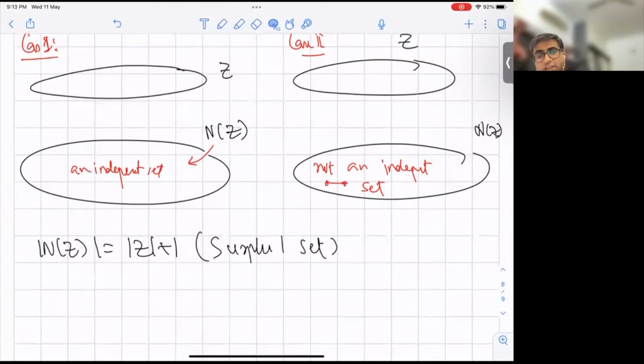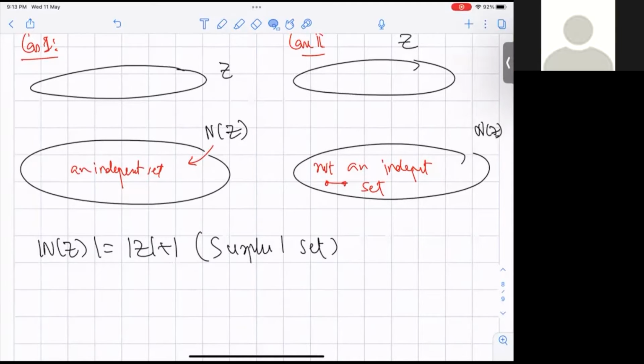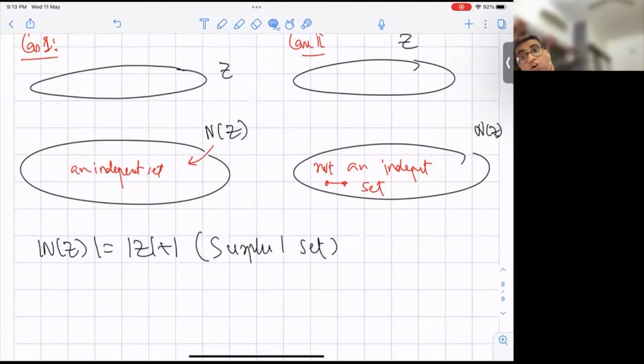I know that there exists an optimum solution that either contains Z or contains the neighborhood of Z. Either this or that. But in the second case, what does it imply? It has to contain the neighborhood of Z, because there cannot be an optimum solution that doesn't contain some vertex of this. If it does, then why don't I take that independent set that contains every vertex of that? So doesn't that provide a reduction rule?